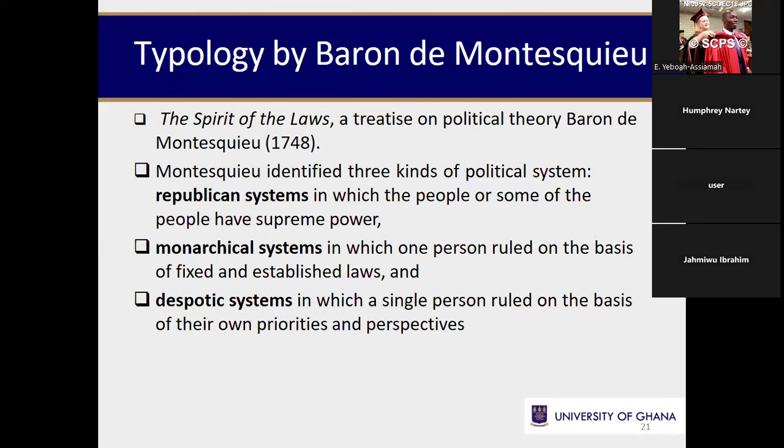Now, in those systems, the people have the supreme power, but they vest the power into a body, and the body has to come and beg the people who have the power, so that they give the power to that government. At the end of the day, they come and account to the people how they have used the power, whether or not they should renew the mandate. He calls these ones republican systems.